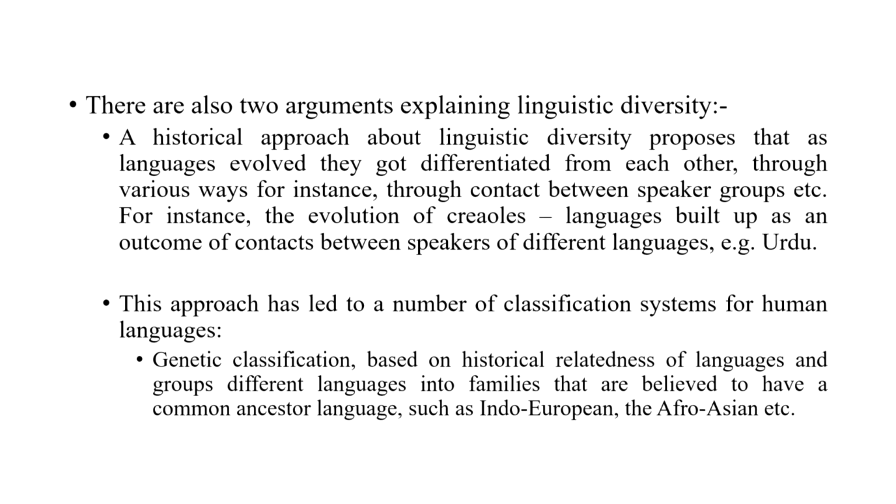All right. So, this kind of understanding of linguistic diversity has led to different schemes of classifying these languages, and there are two or three different types of classification that we can talk about. One of them is based on the historical relatedness of languages. For example, if you Google or go on Wikipedia, you will find language trees.